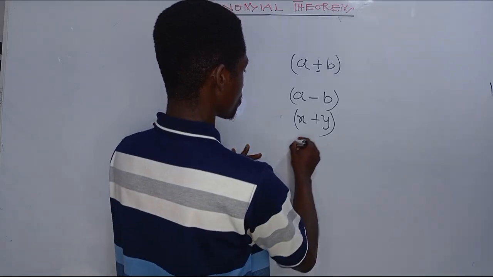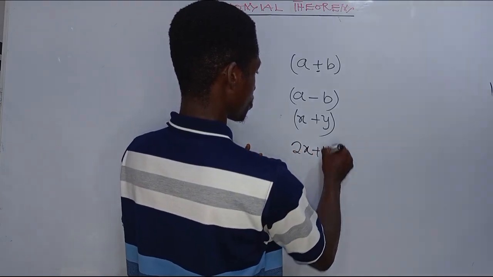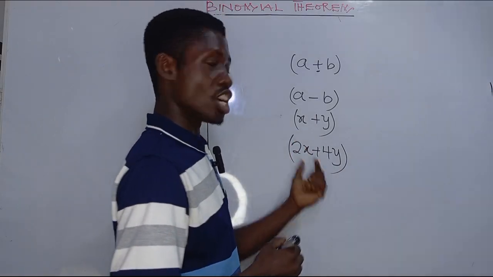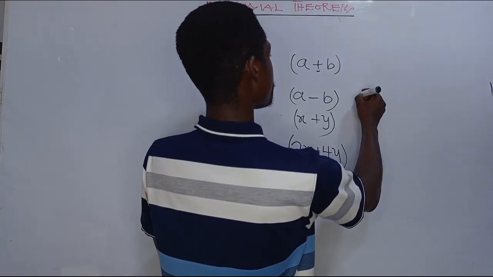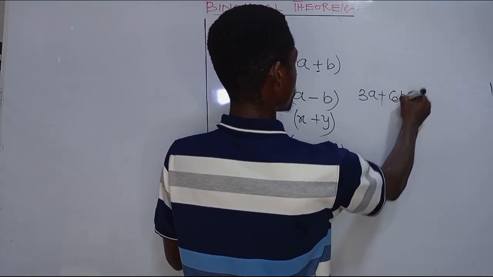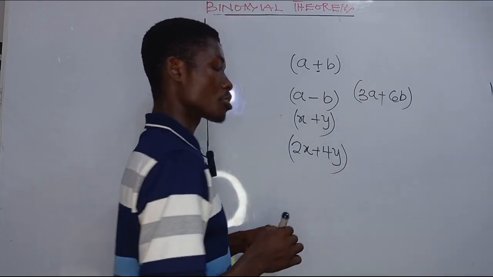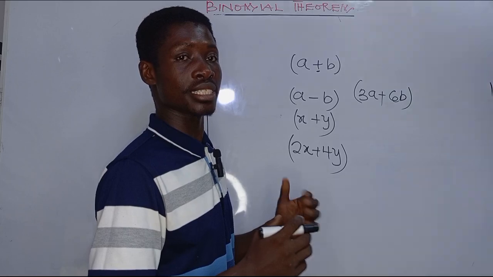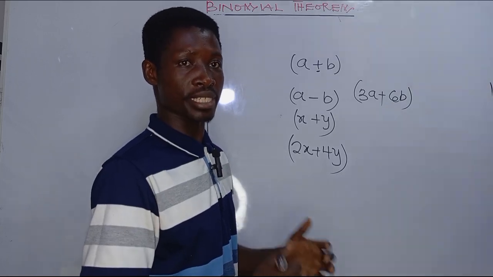We can talk of this, which is also a binomial expression. We can also talk of this, which is also a binomial expression. There are lots and countless examples of binomial expressions.